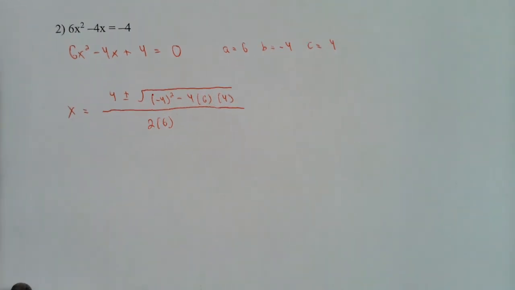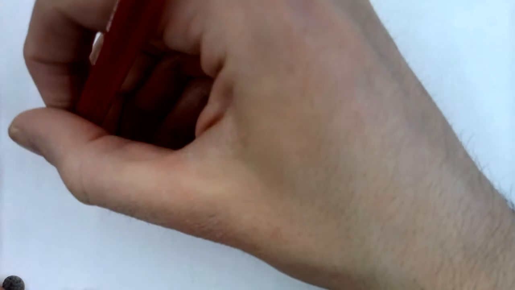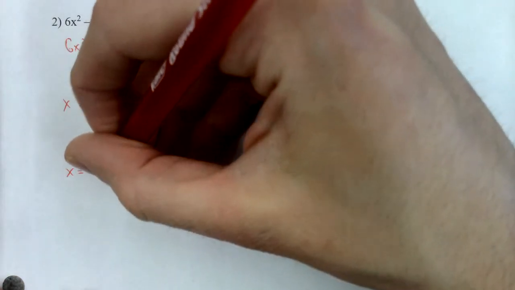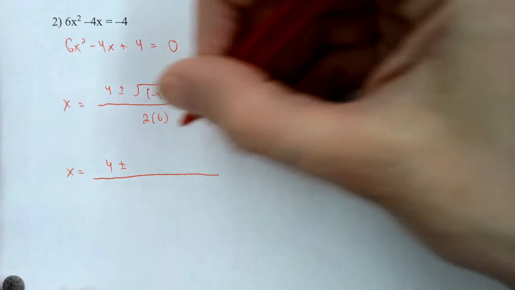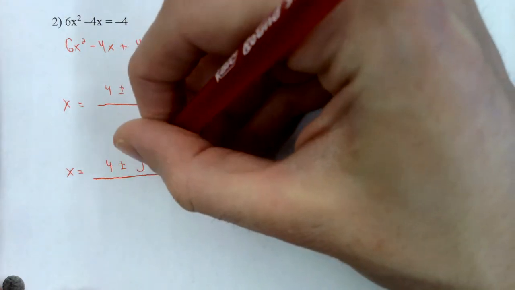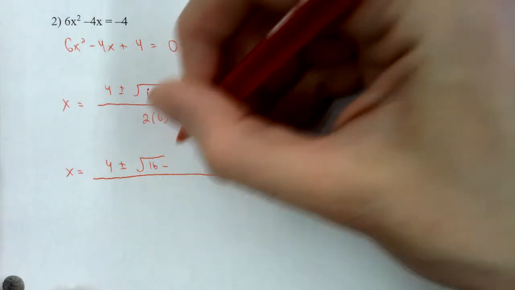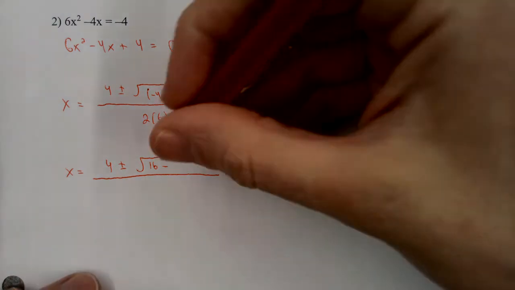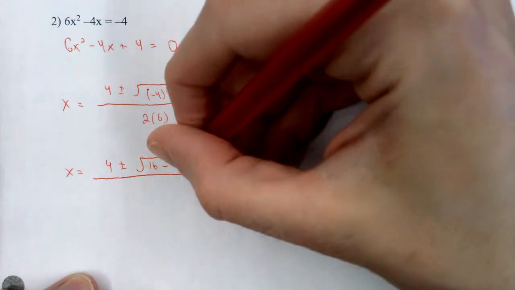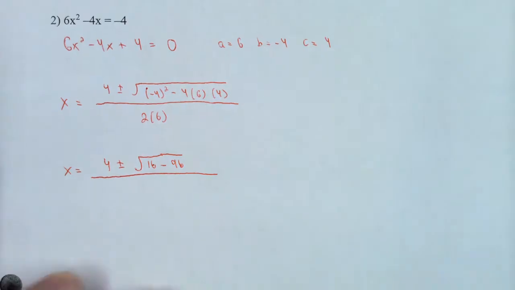All right, now we're going to simplify using the order of operations. X equals 4 plus or minus square root of 16, because negative 4 squared is 16, minus 4 times 6 times 4 is going to be minus 96. So we're going to have a negative. We're going to have the i in a minute.